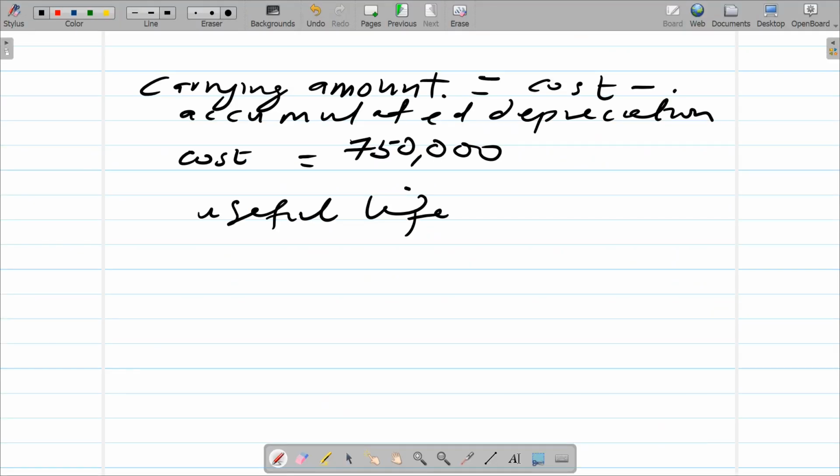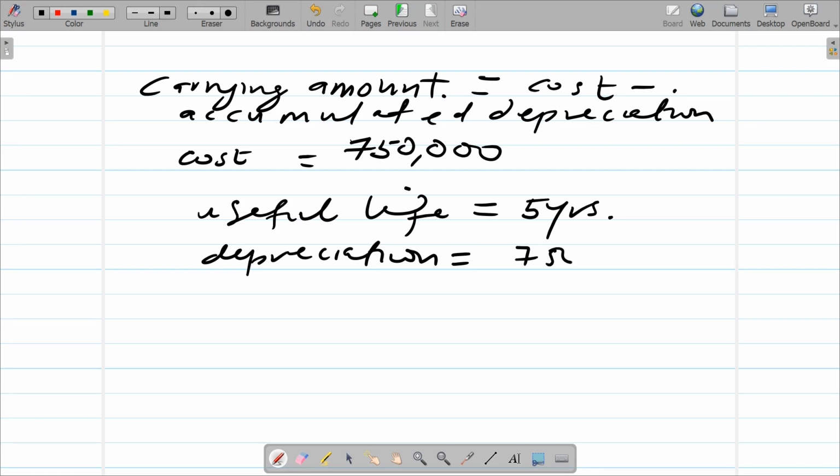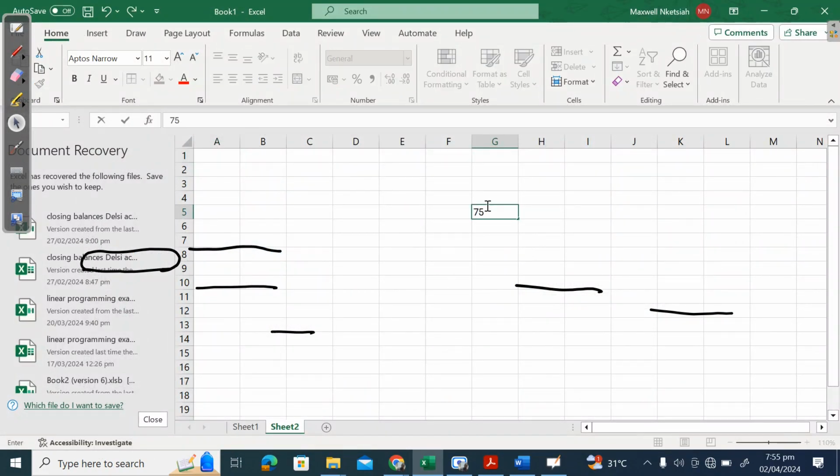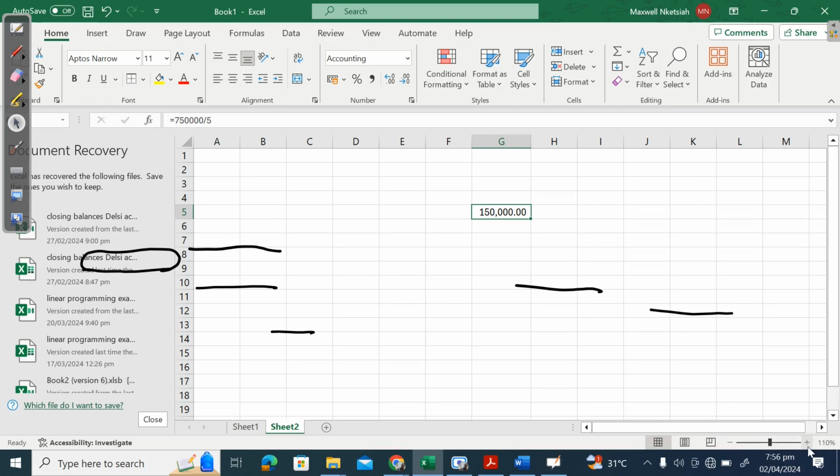So that means the depreciation charge for the year is going to be 750,000 over 5, and that will give us 150,000.